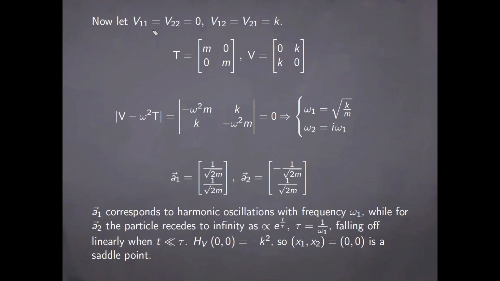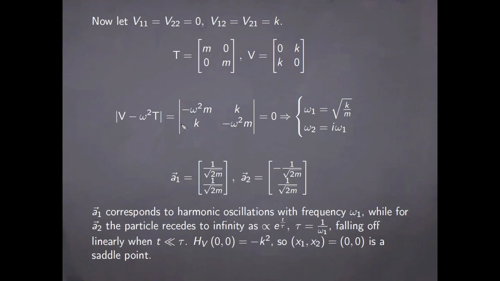Now we can look at one last interesting case, namely a case where the diagonal elements are 0 and the off-diagonal terms are constant. So then we have once again our two matrices T and V are the ones given here.